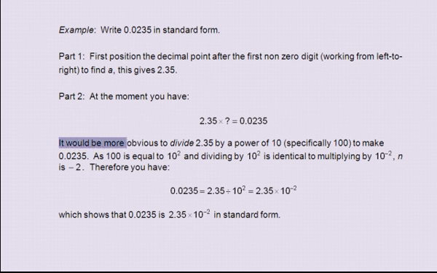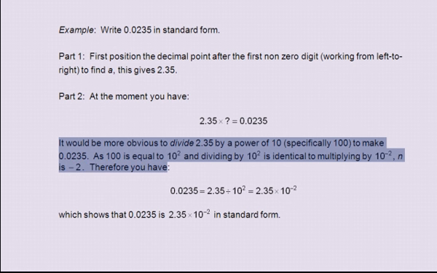It would be more obvious to divide 2.35 by a power of 10, specifically 100, to make 0.0235. As 100 is equal to 10 to the power 2, and dividing by 10 to the power 2 is identical to multiplying by 10 to the power minus 2, n is minus 2.